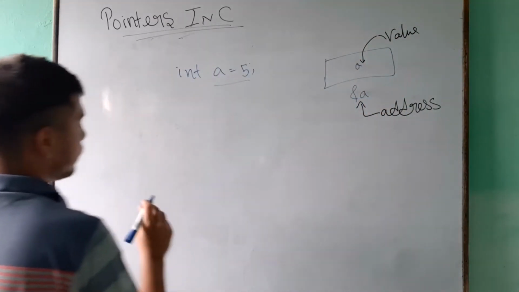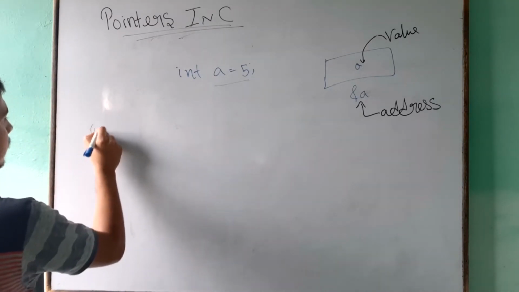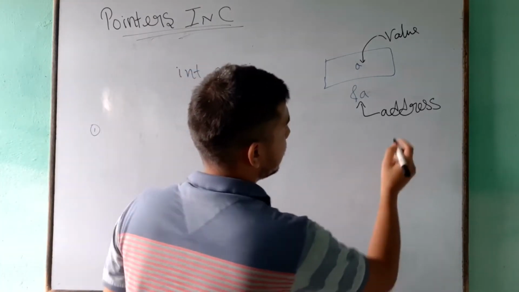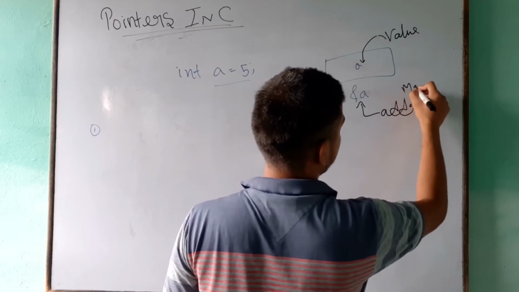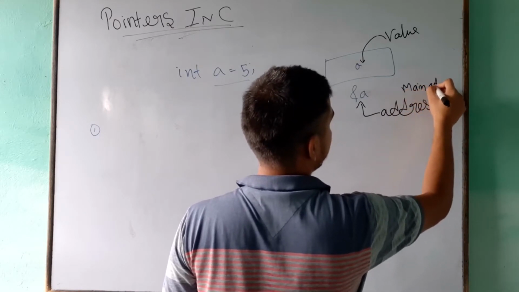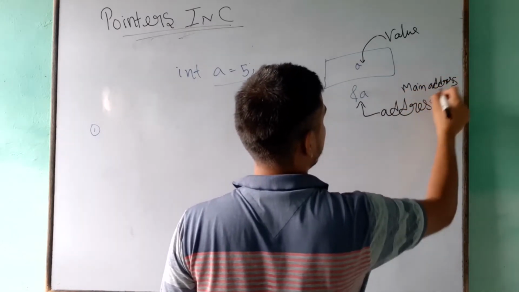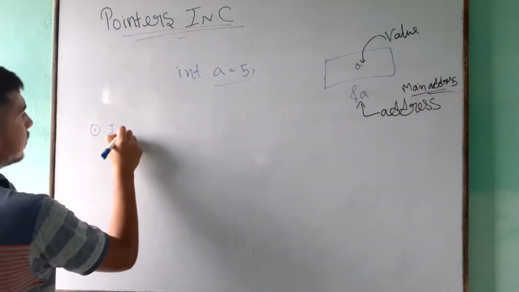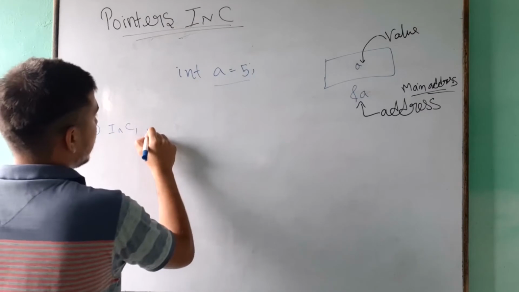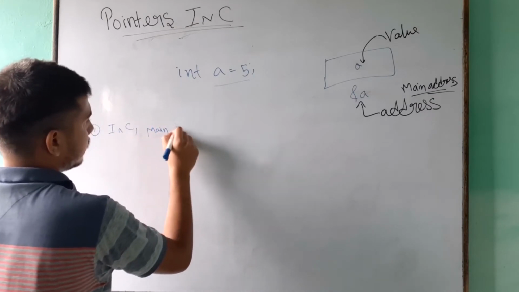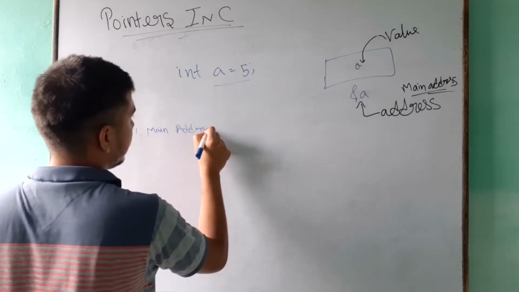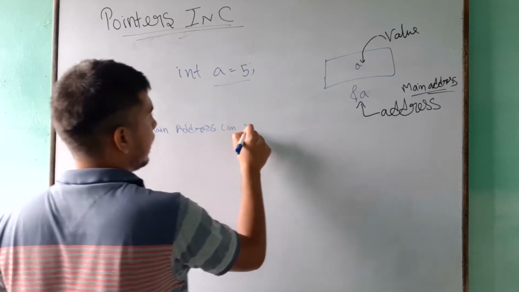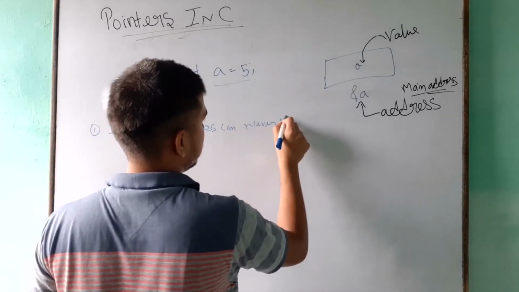Now point number 1: we will always say that this is the main address. In C, the main address can never change.